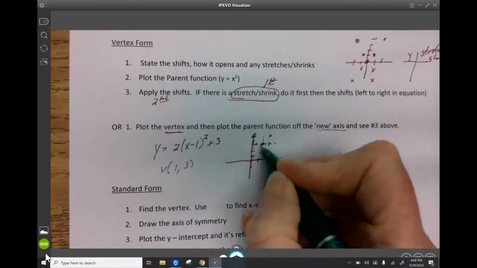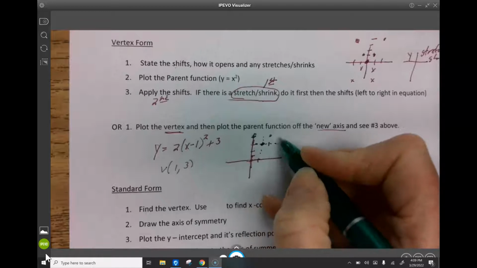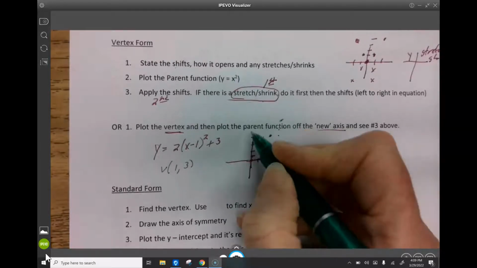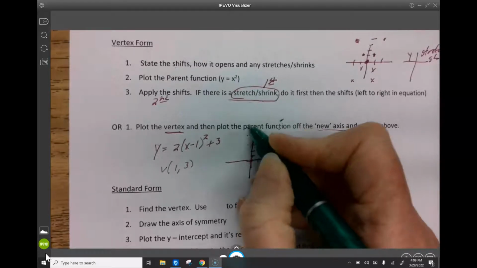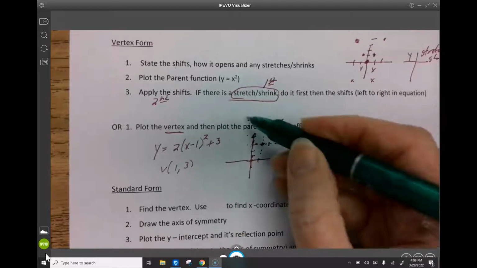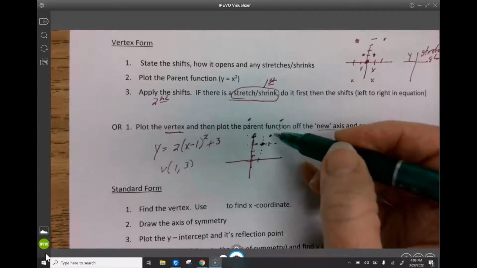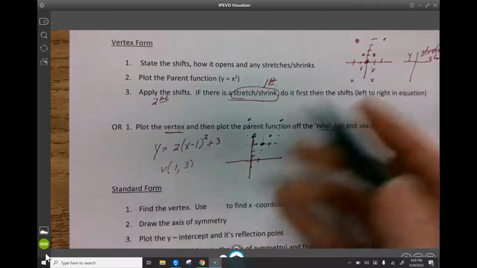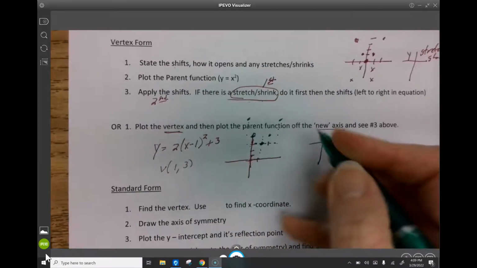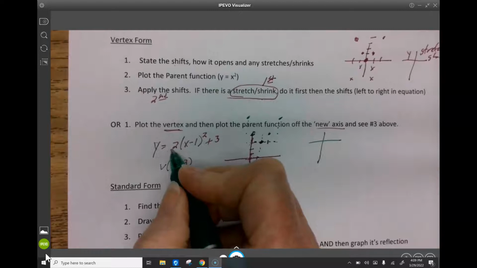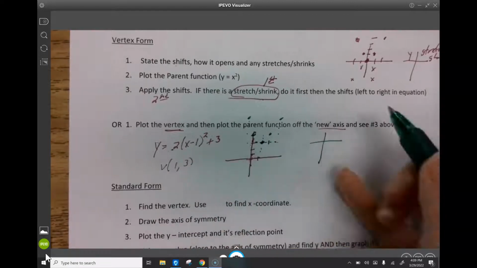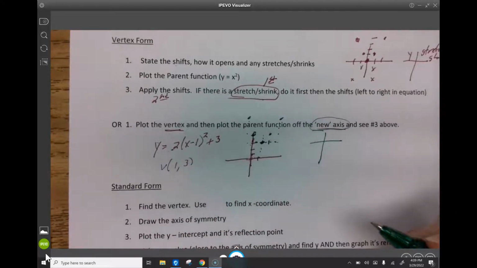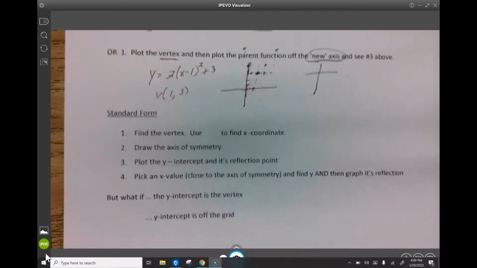I plot my vertex, and then I go over 2 and up 4, and over 2 and up 4. Okay, so there's my parent function. Then I go through and do my stretch. So this is another option, and it all depends on if you want to use the new axis. Is it better or worse? I don't know, but I just want to give you that other option.